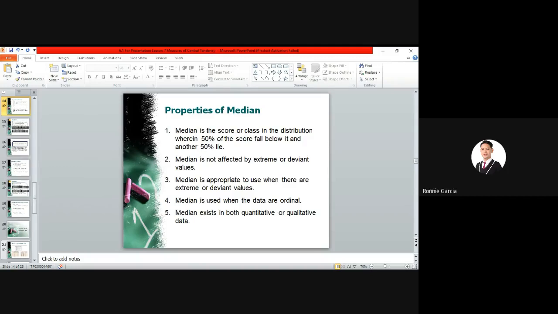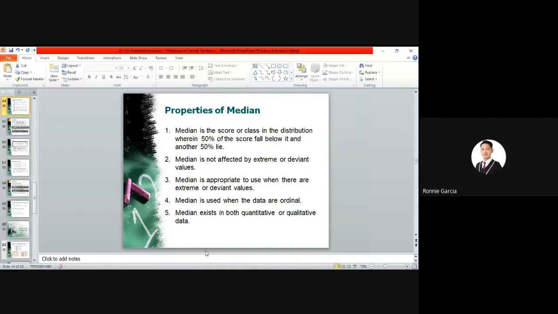Number 3, this is in continuation of property number 2. So kung imuhang data set is dili nimo gusto nga maapektuhan og mga extreme values, then the appropriate measurement to be used is median. So katong example ato nga naa kay score tapos naa kay gagmay nga score nga pwede makaapekto.